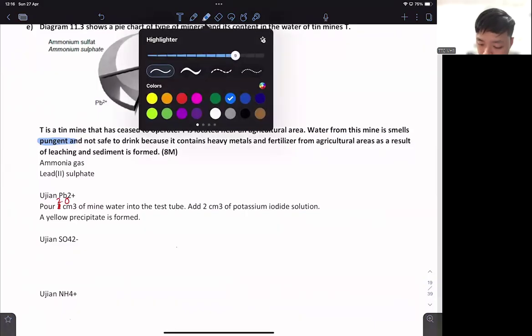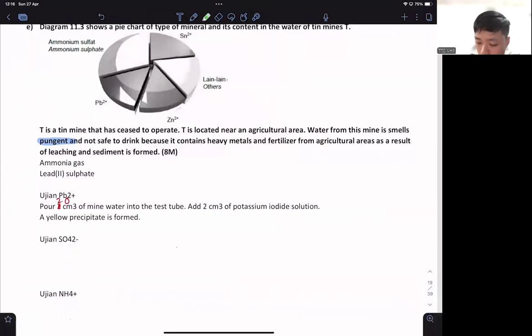The first thing you put is the thing that you want to test. Then you add 2 cm cube of potassium iodide, the KI, so that the I minus goes and finds Pb2+. Then you have the yellow precipitate form.